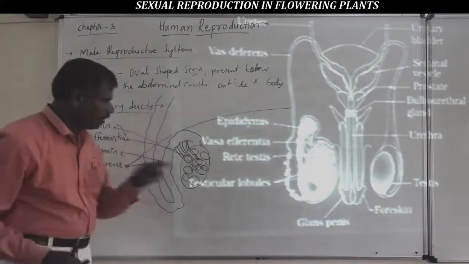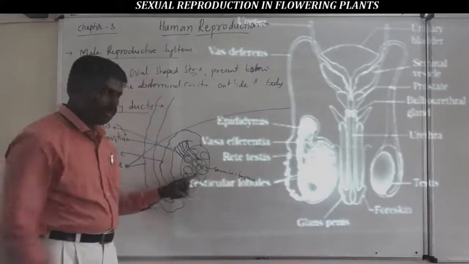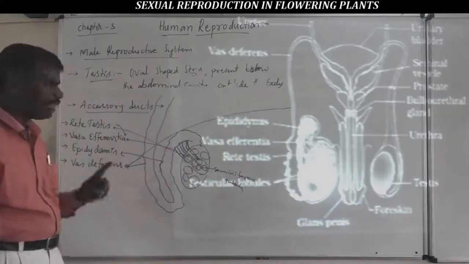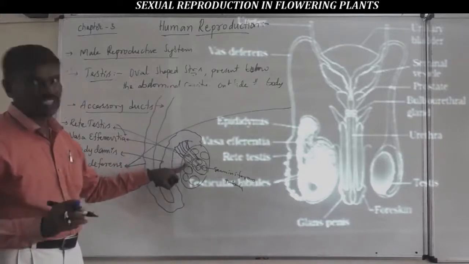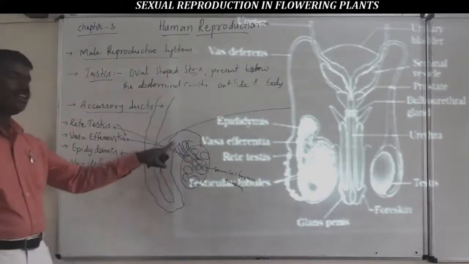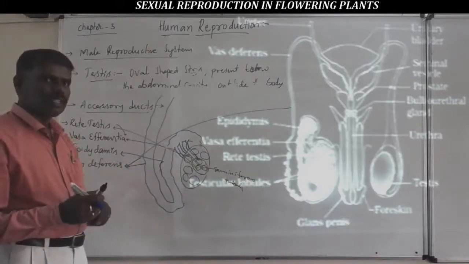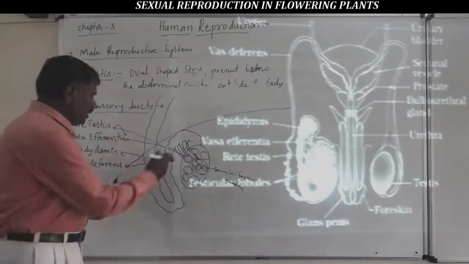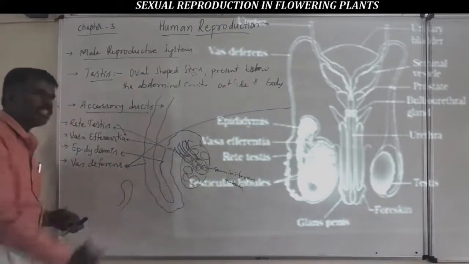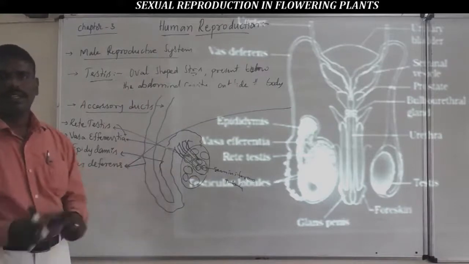The rete testis originates from the seminiferous tubule and connects with the vasa efferentia. The vasa efferentia originate from the rete and connect with the epididymis.